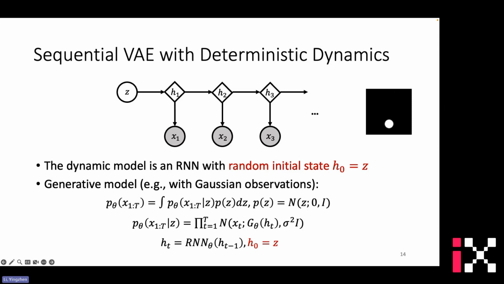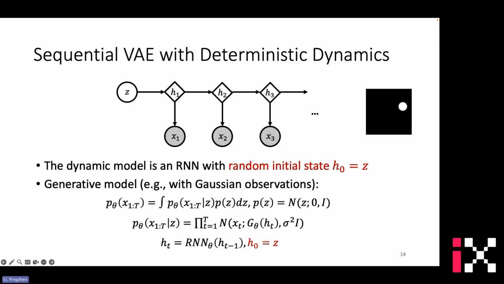In this case, what people usually do to parameterize this generative model P is the following. I assume I have a prior over my initial conditions, and then based on my initial conditions I can generate all the frames.